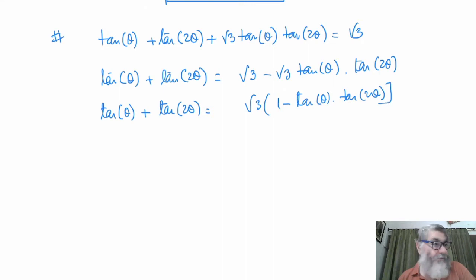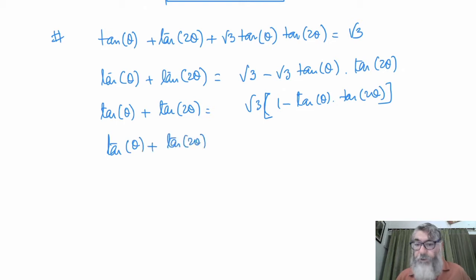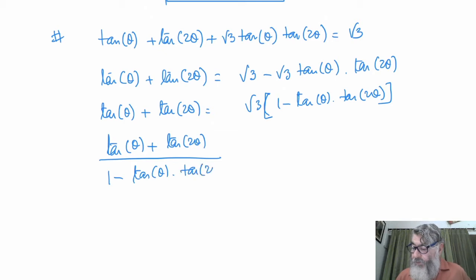This is the question which we had, or we can write it as tan theta plus tan 2 theta upon 1 minus tan theta tan 2 theta is equal to root 3.